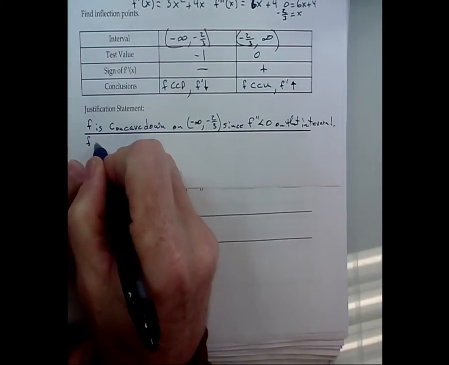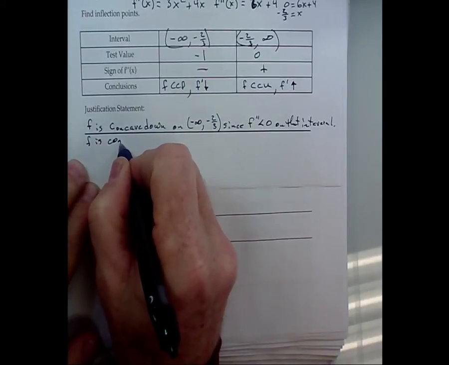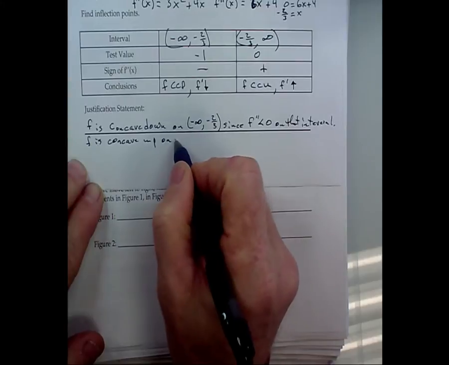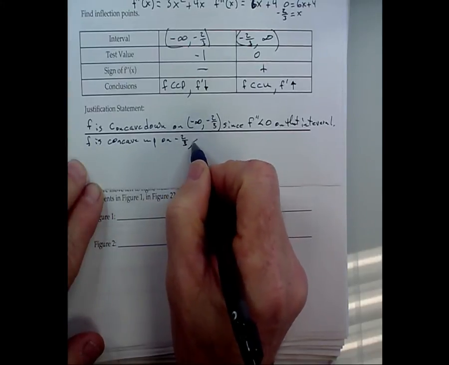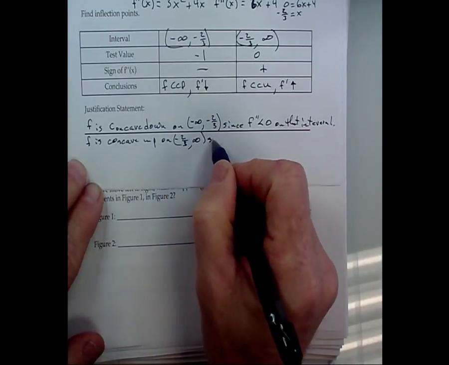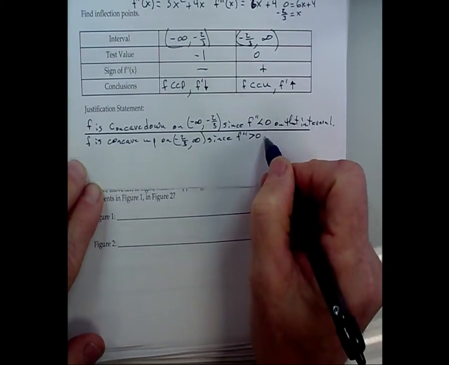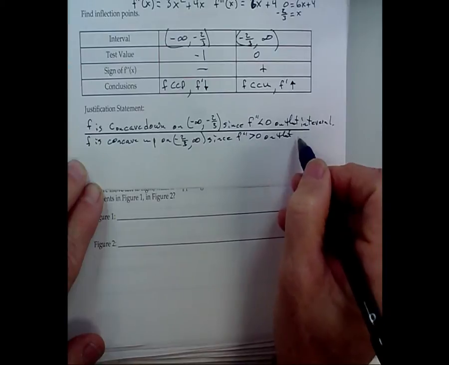F is concave up on negative 2/3 to positive infinity since the second derivative is positive on that interval.